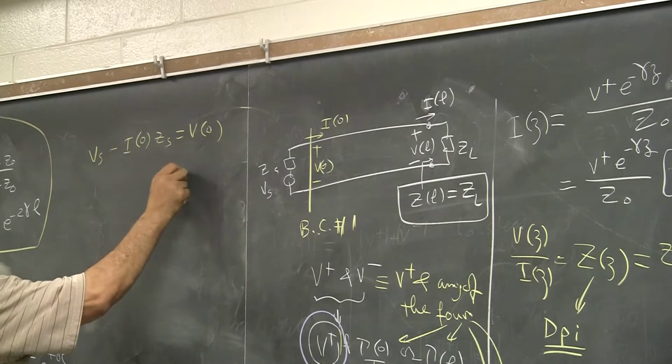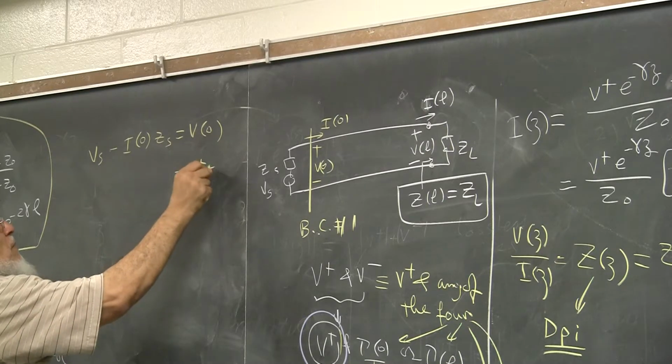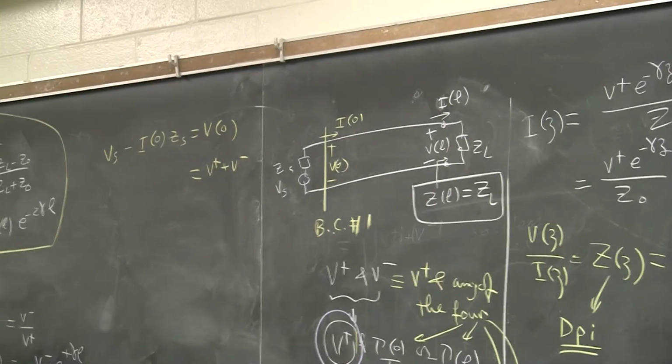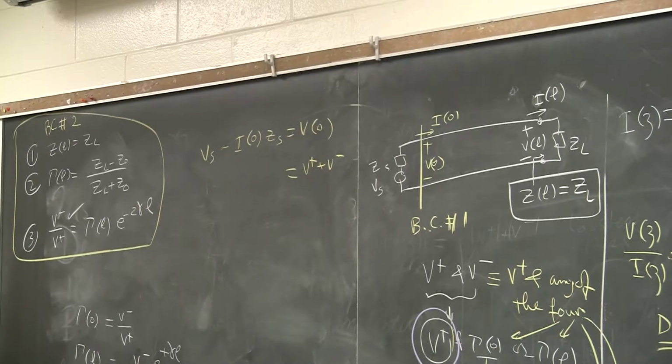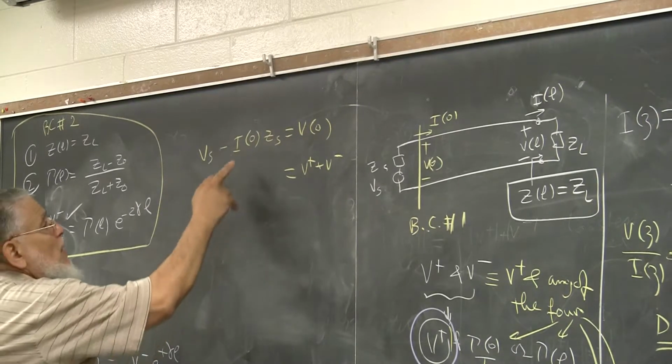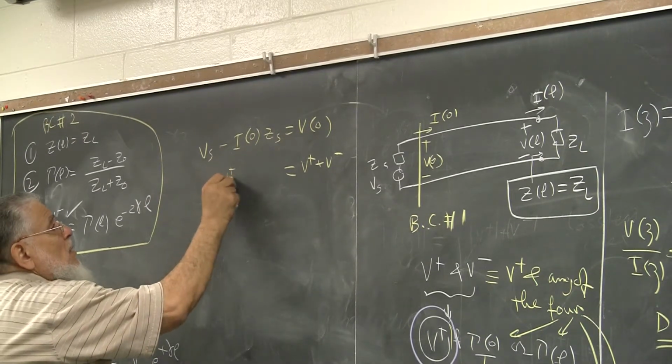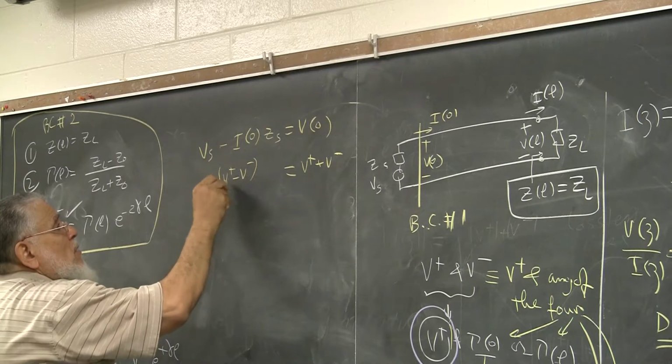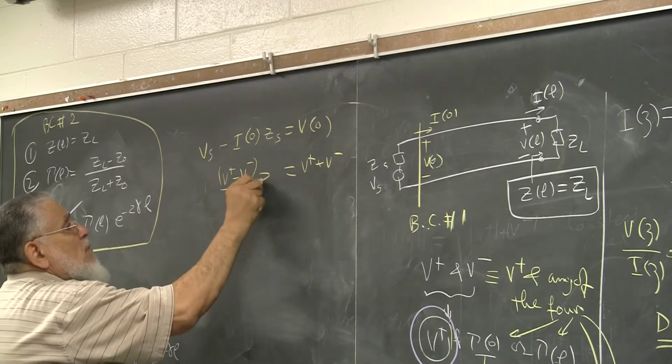V of 0 is V plus plus V minus. And I of 0 is V plus minus V minus over Z naught, times Zs.